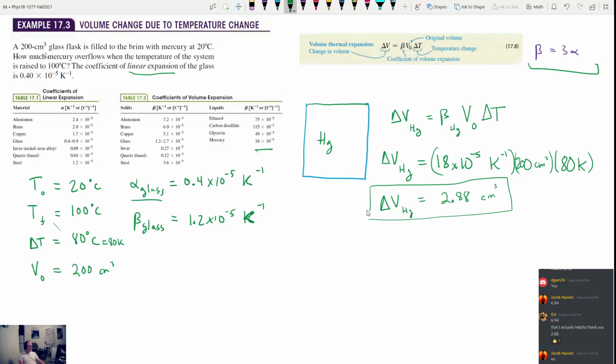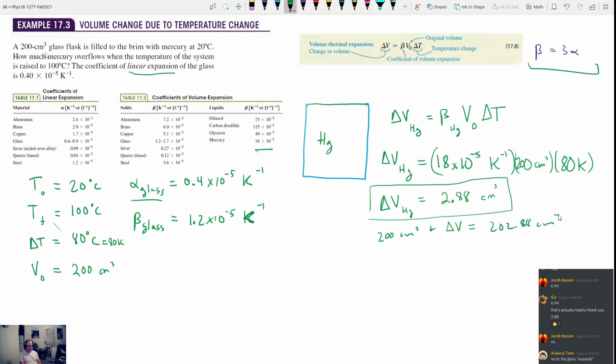In the book and some of the homework problems, they actually changed delta V into V final minus V initial, and actually add the V initial to the other side. Would you get the same answer? Yeah, you'd be talking about different things. What you're saying is we can take our initial volume of 200 and add the delta V to that, and we would get 202.88.